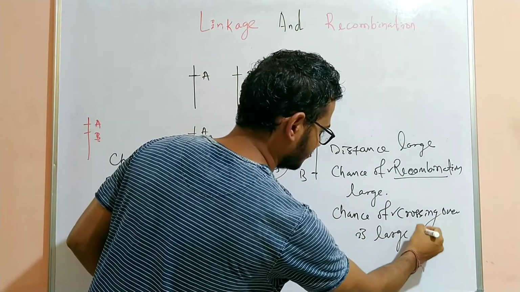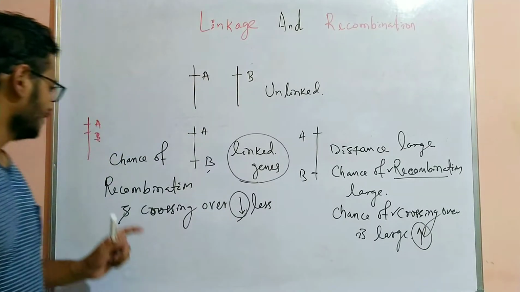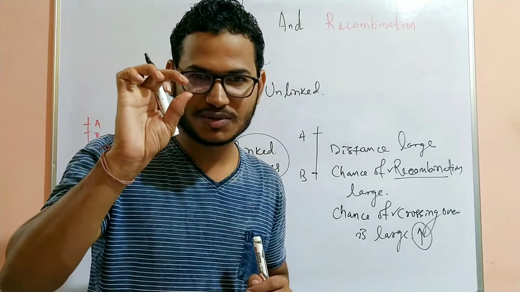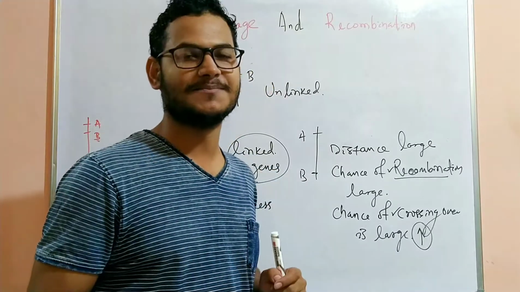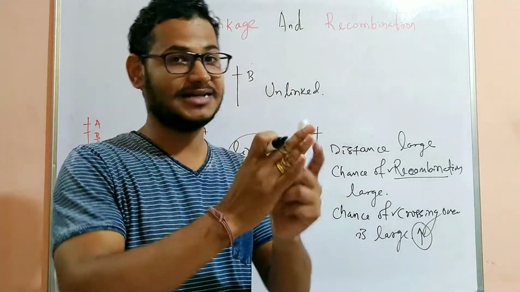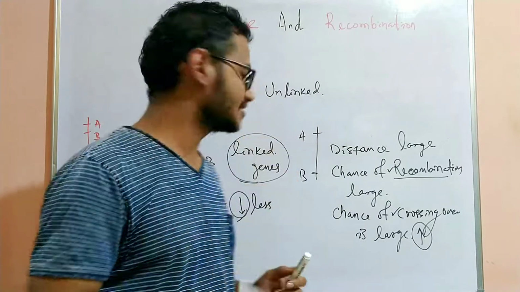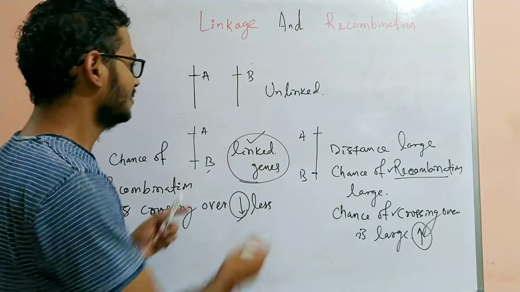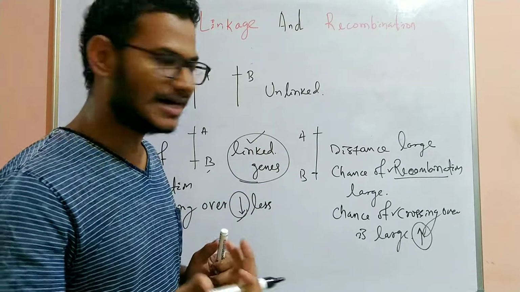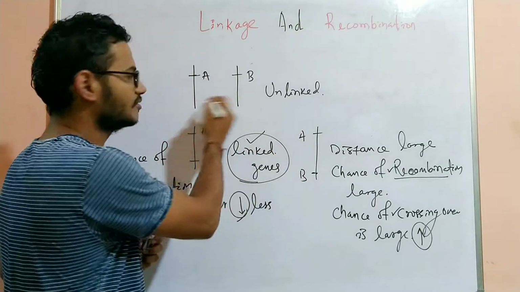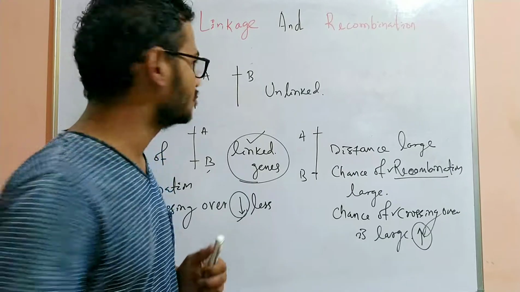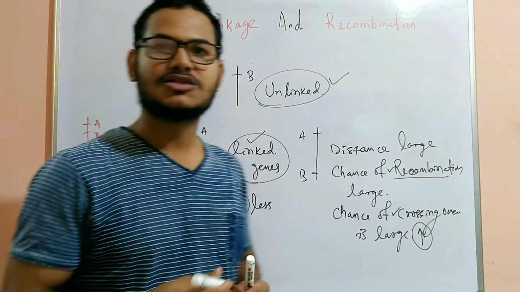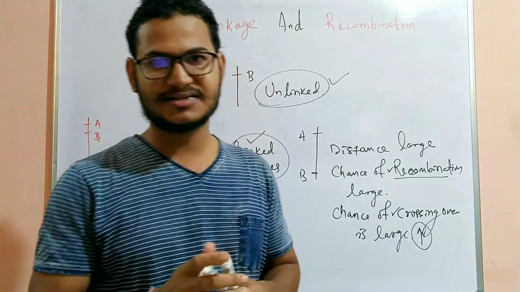Okay, so when the genes in the chromosome are located close to each other, the chance of crossing over or their separation is very less, so they are called linked genes. When they are distantly placed, they are called unlinked genes, or when they are present in two different chromosomes, they are called unlinked genes. Clear? So linked genes and unlinked genes.